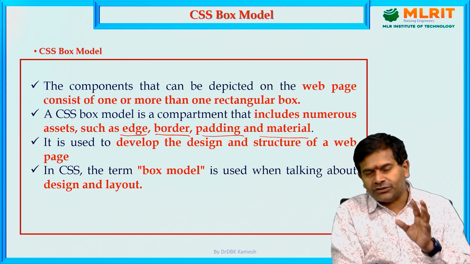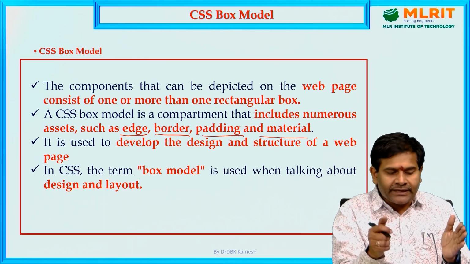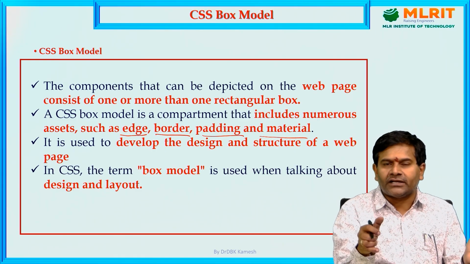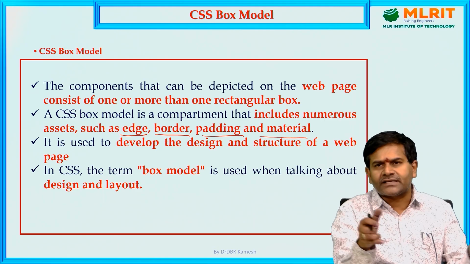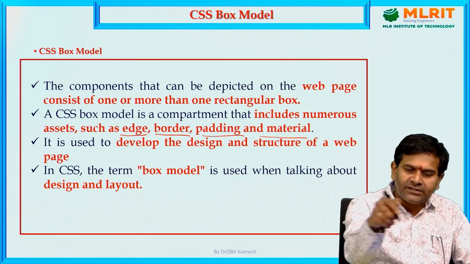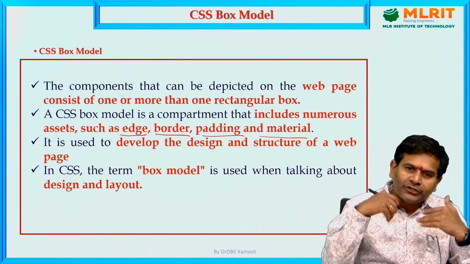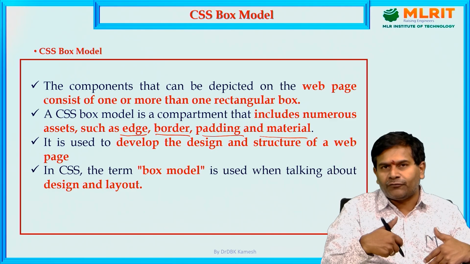If you want to create any such web page, we require such models. The borders are required, the padding space is required, and the material we need to incorporate into this. The edges are the boundaries. So, how you can utilize your entire screen in a particular web page, and the look and feel for the audience, we will also focus on this.